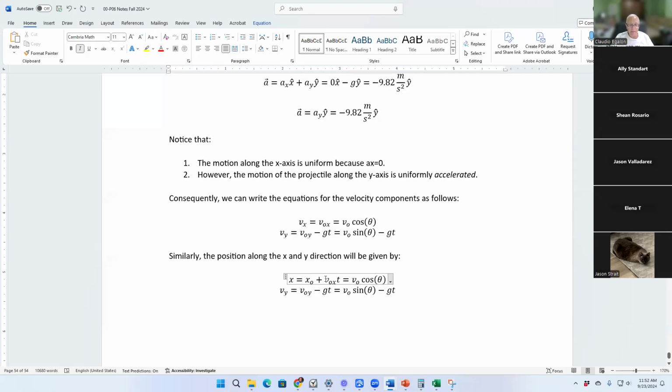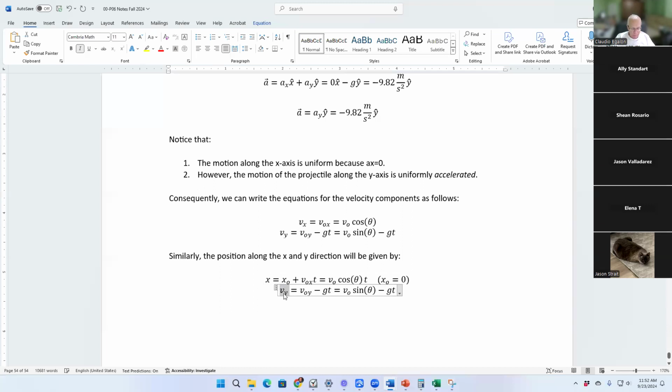Not plus half g t squared, because it's uniform motion along the x-axis. X naught is 0 because the particle is initially at the origin. V naught x is v naught cosine of theta, and we have the t.